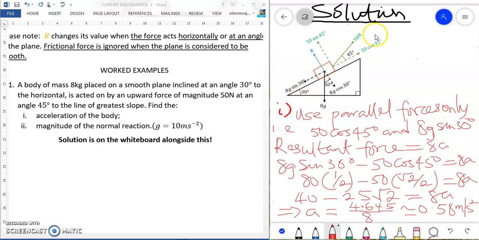Now, if we quickly confirm the values for these two forces, we will see that this one, mg sine 30 degrees, is actually greater than this one, and that indicates that this block is being pulled downwards.